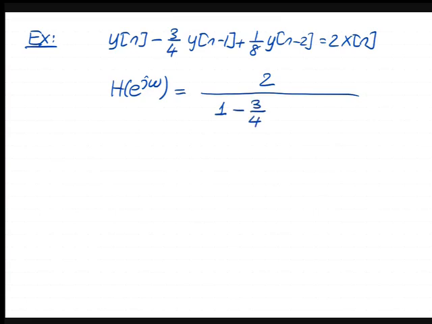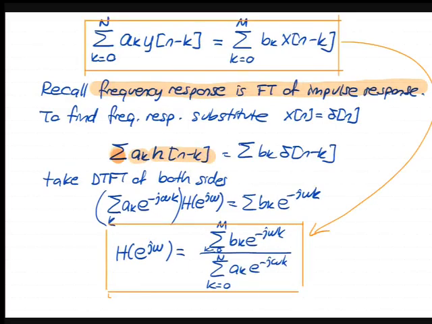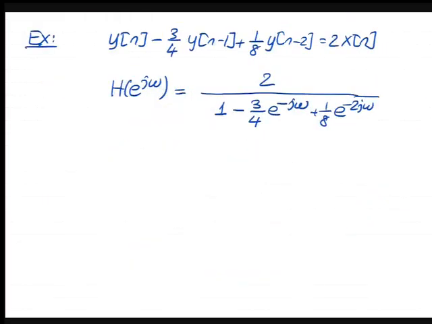And because that's a delay, it contributes e to the negative j omega. And then 1 over 8 comes here, multiplied by e to the negative 2 j omega, because that's a delay by 2. So it's good to see this pattern instead of looking at a dry formula. Just in your mind, make the connection between how the coefficients go in the numerator and denominator. That's all there is to it. Okay?